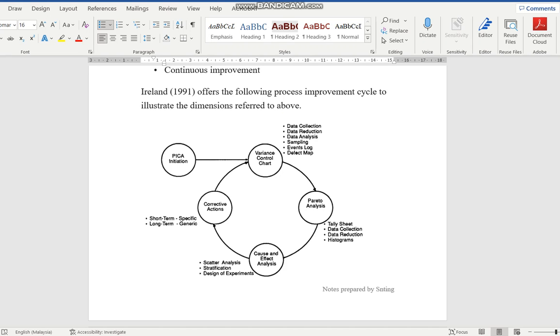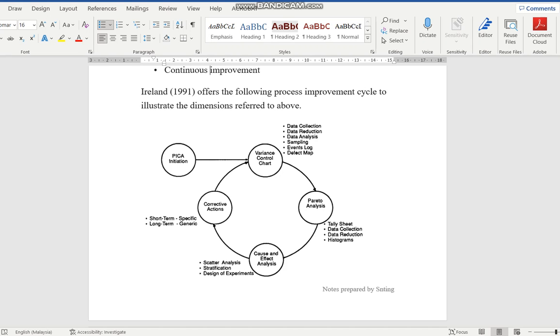You see, there are two aspects here. The first aspect is about the data collected, like control charts, checklists, tally sheets, and then data reductions, data collections. These are all about numbers that you collect to look into whether there is anything that is off the chart, you see.